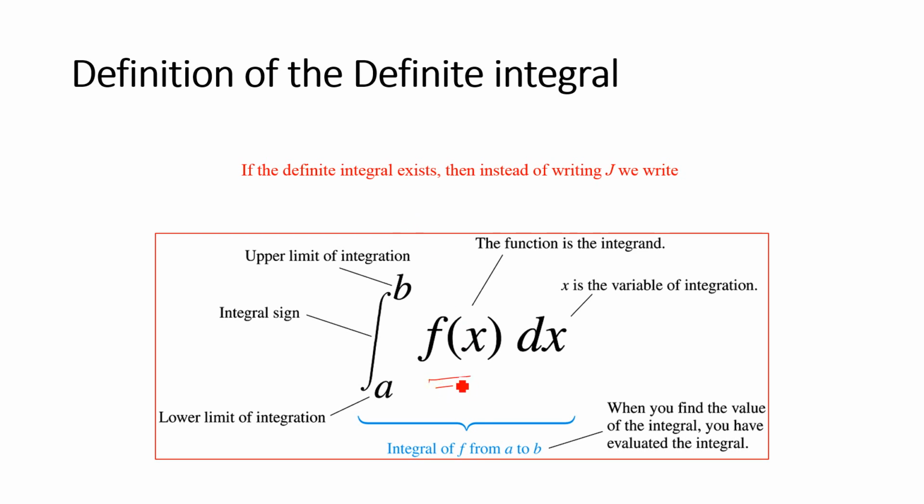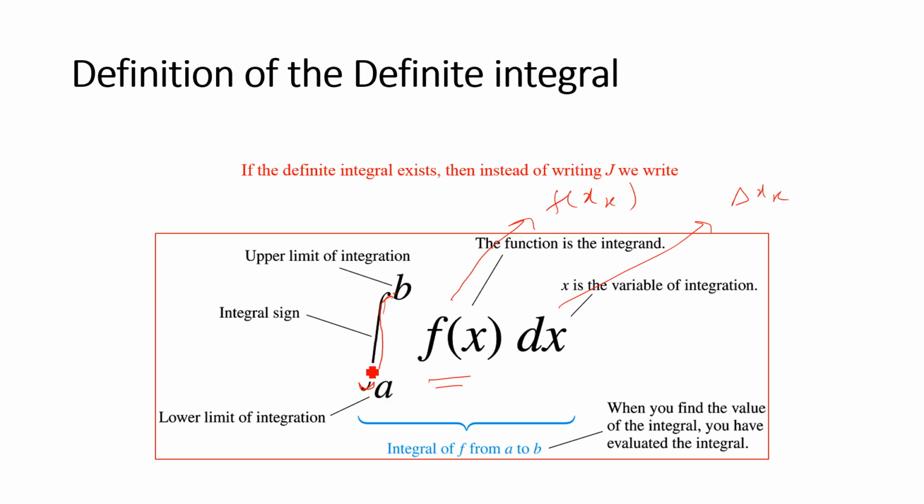If we compare it with the Riemann sum, this is replaced by f(xk) in the Riemann sum, right? So it was delta xk, and this is squeezed to 0. This integral sign is quite similar to S because it represents the sum of the area of an infinite number of rectangles in the interval [a, b].